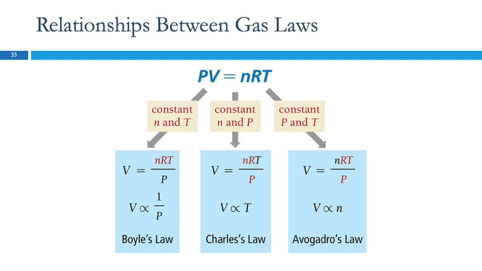This is a table showing you the relationships between these different laws. And what I'd like to show you now is how you can get any gas law you need from the ideal gas law. So we can write the ideal gas law with subscripts of 1. R is a constant, so it doesn't have any subscripts. And then we can divide by the ideal gas law with subscripts of 2.